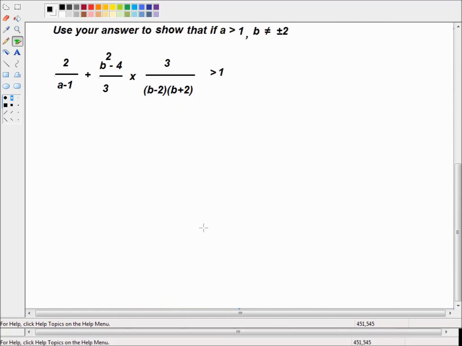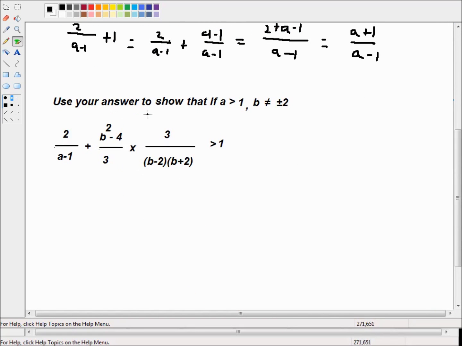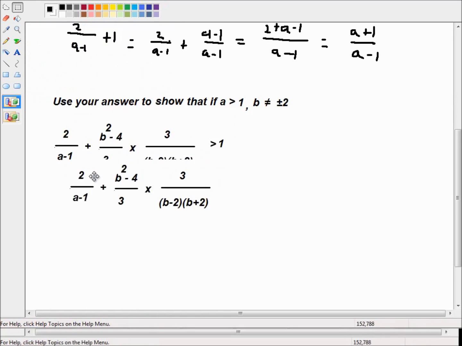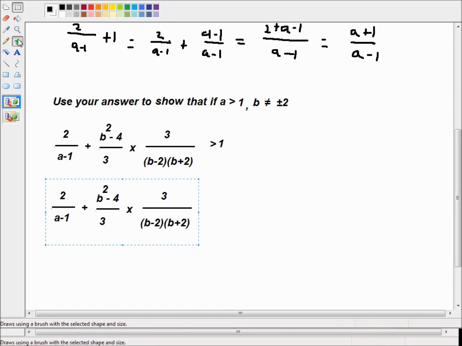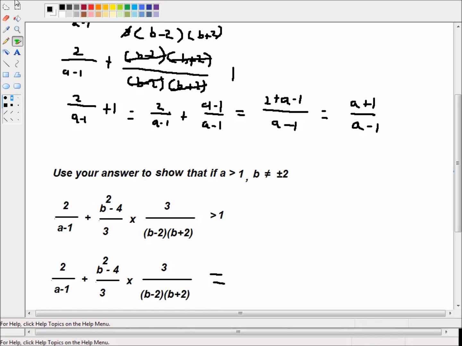Right, so now we're told use your answer to show that if a is greater than 1 and b is not equal to plus or minus 2, that all of this rubbish is greater than 1. Well, the first thing I'd want to say is that all of this rubbish is equal to what we just calculated.